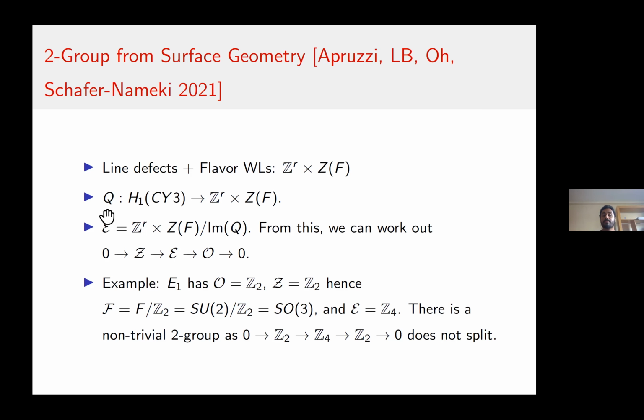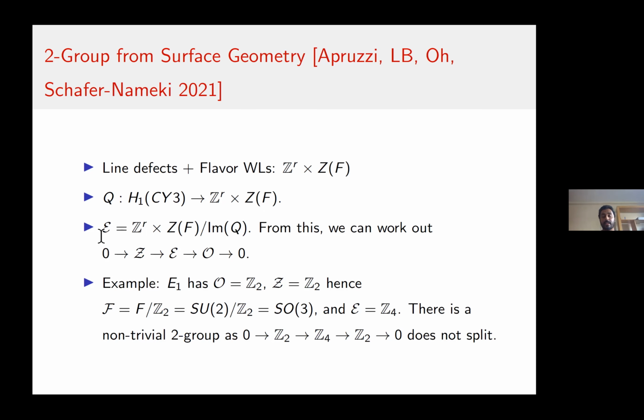Okay, and now we want to compute the gauge and flavor center charges of various curves, which correspond to the various matter content in this theory. So we compute both flavor and center charges. This gives us a map Q from H2 of the Calabi-Yau threefold into this lattice.